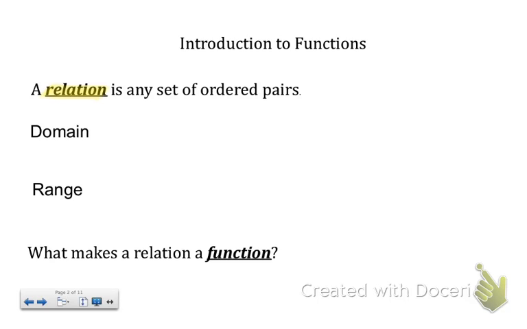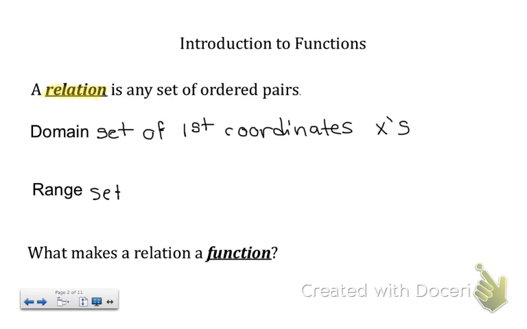When we talk about domain, we're talking about the set of all the first coordinates in those ordered pairs. Now, typically, when we talk about an ordered pair, that's referring to our x's. The range is the set of all those second coordinates, so that's going to be our y values.